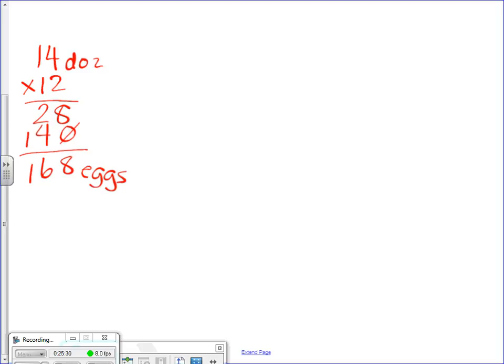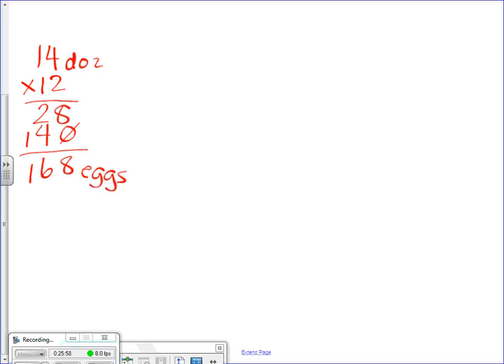So, question A, it says he sold 60 eggs at the farmer's market and gave the rest to friends and neighbors. So that's important information. How many dozens of eggs did the farmer give away?